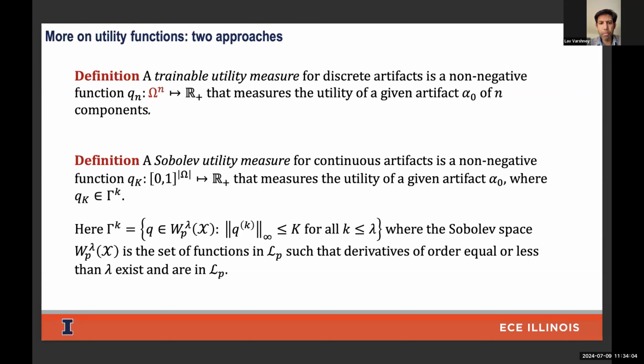But you can also perhaps learn these from data. So we further define trainable utility functions, or Sobolev utility measures, for either discrete or continuous settings, to restrict ourselves to things that can actually be learned from data. So these are other wrinkles to the formulation.